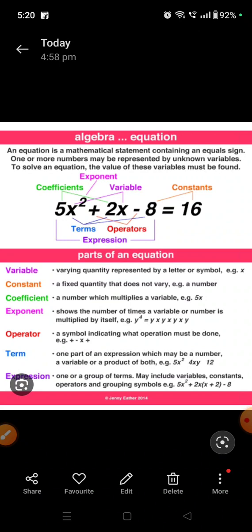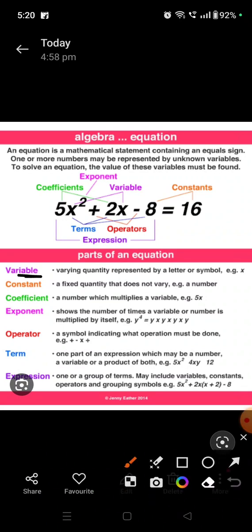Constant. So I gave you the variable, no? So the n, that letter, is known as a variable. Always remember, alphabet is a variable. Okay. Now what is constant?